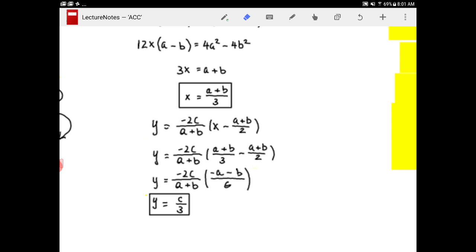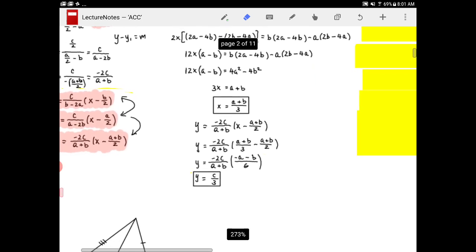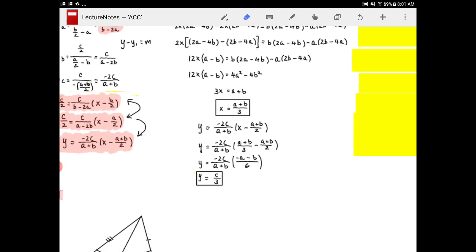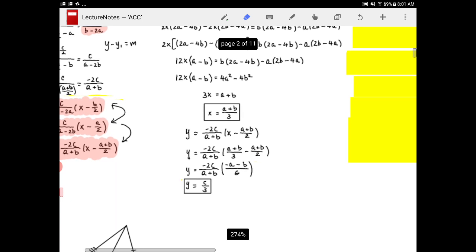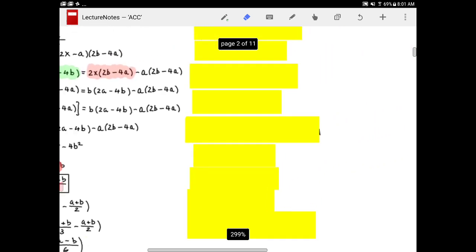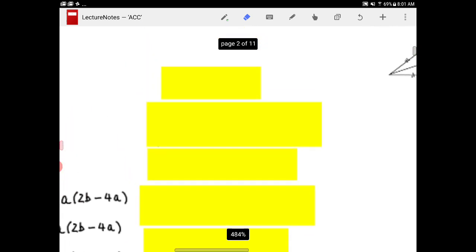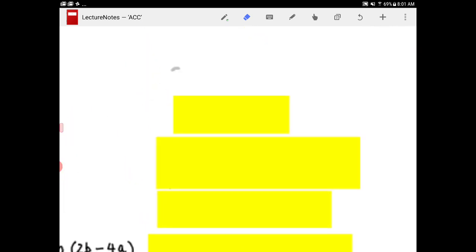Very simple. Okay, so now that we have the x and y coordinates in terms of our quote-unquote knowns, we need to now determine whether this coordinate is indeed 1/3 away from a base and 2/3 away from the vertex. So what I decided to do was I'm going to select, for demonstration, these two coordinates here.